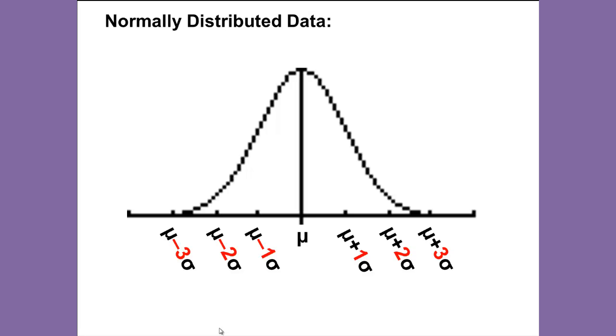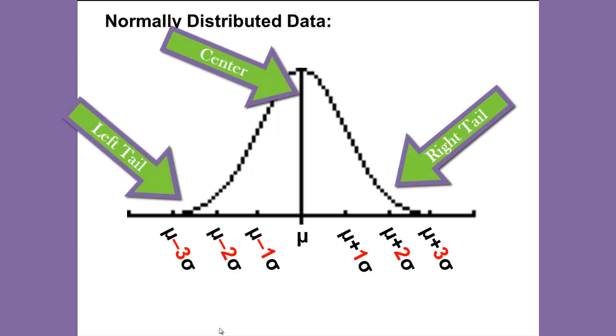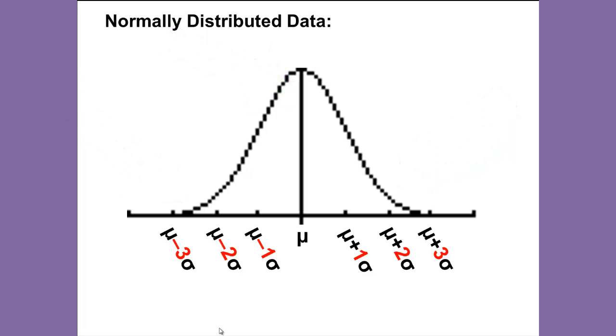Notice how the curve has more data in the center and less toward what we will call the tails, which are the left and right hand sides of the graph. And we have fewer data and less area under the curve as we get further from the mean. Does that make sense to what we already know?